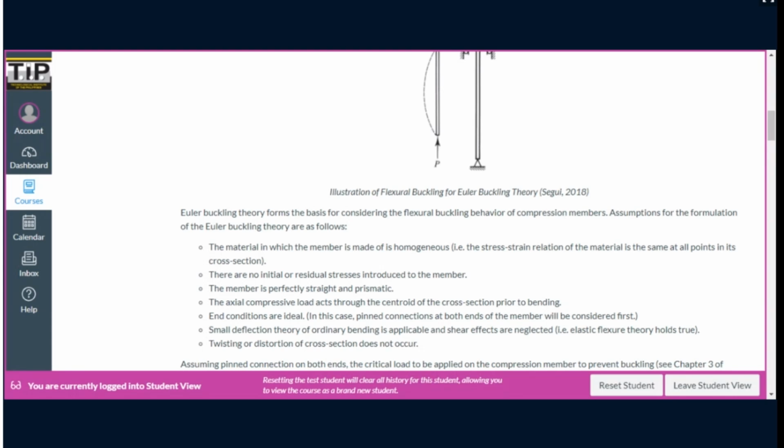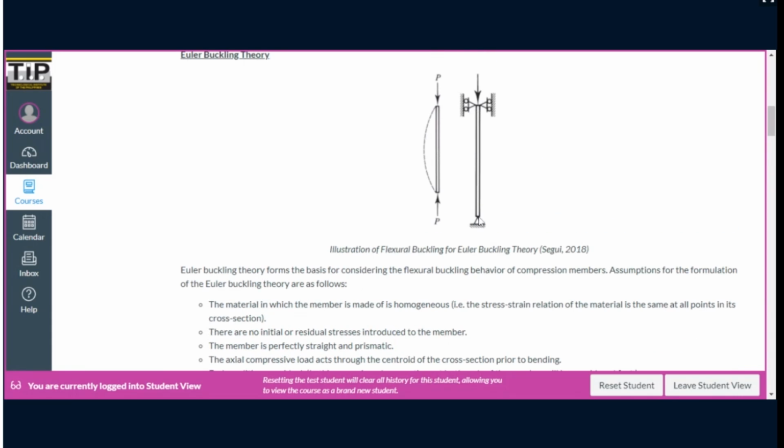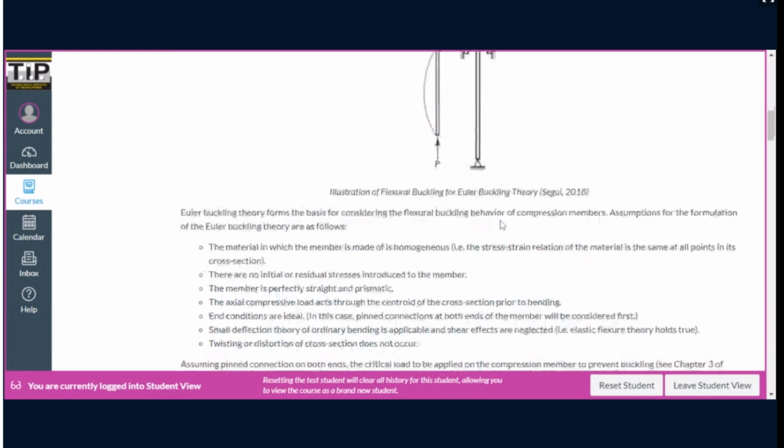Next, end conditions are ideal. The supports, we consider them to be perfect. In our case, for now, in Euler buckling theory, we will only be considering pin-pin connections, so simply supported muna tayo. Next, small deflection theory of ordinary bending is applicable and shear effects are neglected, so plane sections remain plane.